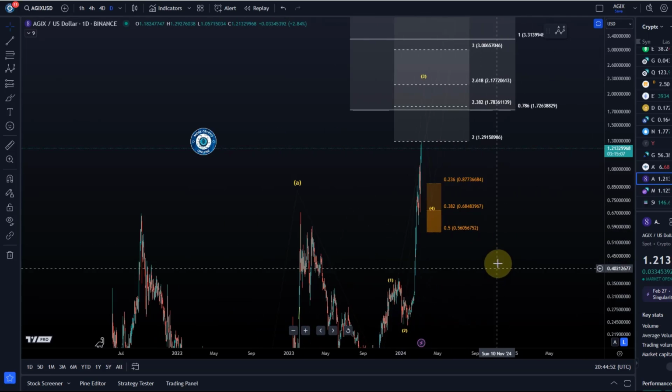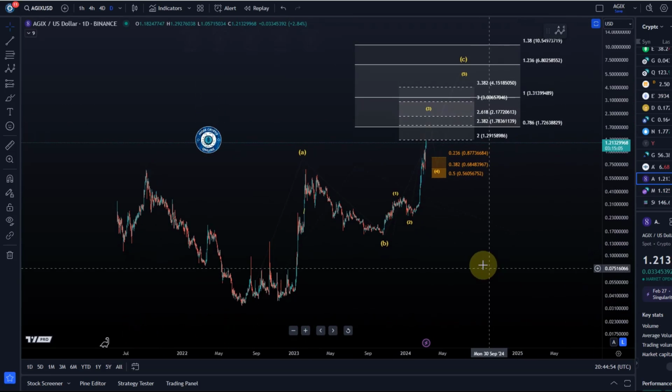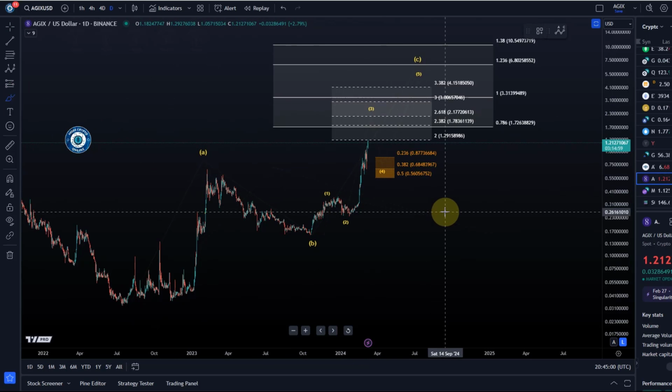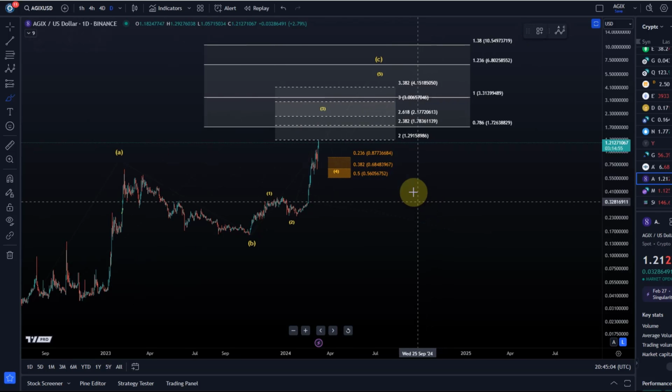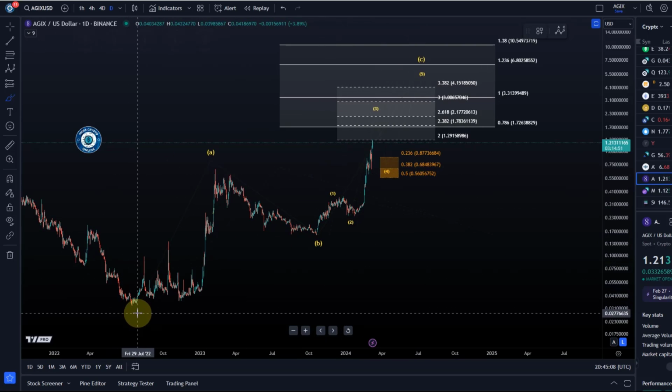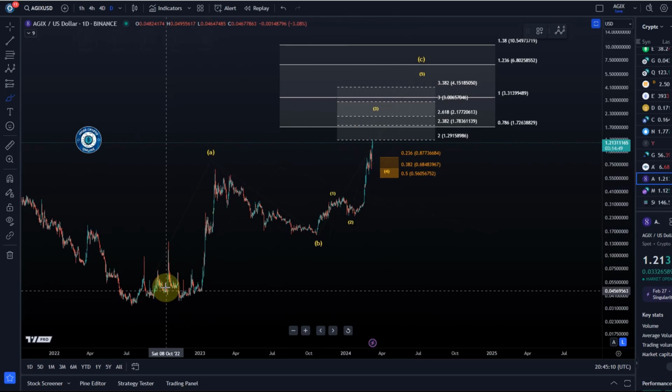What happens if we break below 56 cents? Well, it would be tricky. If that happens, there are going to be two options, and there's always a problem when we're dealing with corrective structures.